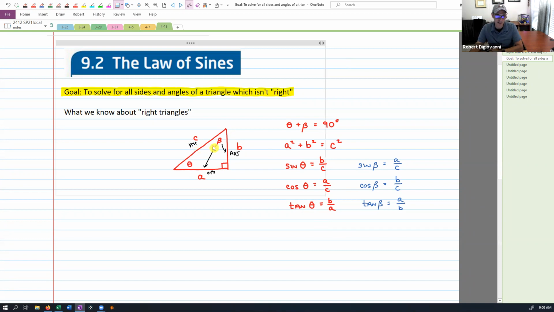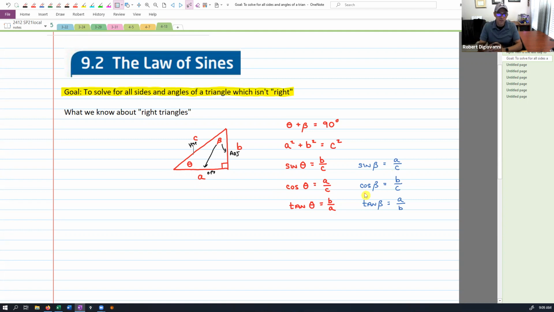So when you do sine of beta, it's opposite over hypotenuse, it's a over c, right? You kind of have to turn your head sideways and look at it, if you want to look at it like the standard way we draw the triangle. So this is kind of what we already know about right triangles.